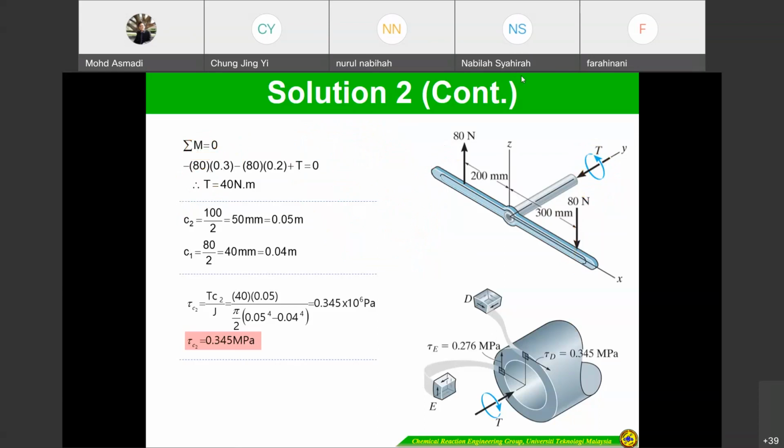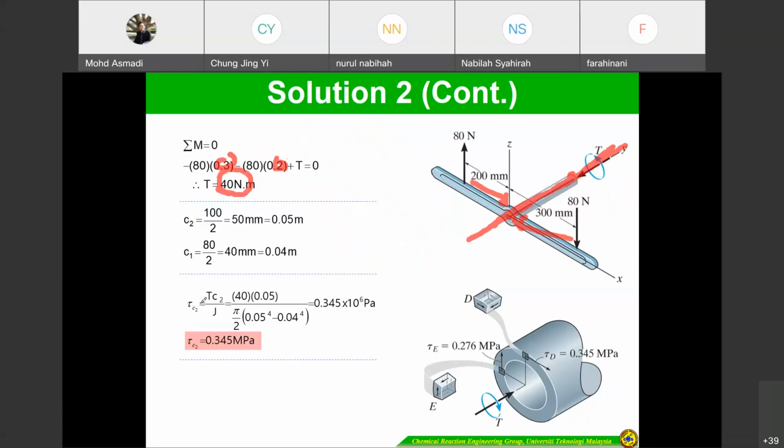Similarly, by using a moment at this point, 300 times 100%, with 0.3 and 0.2, we can get 40 Newton meter. So we can get TC.